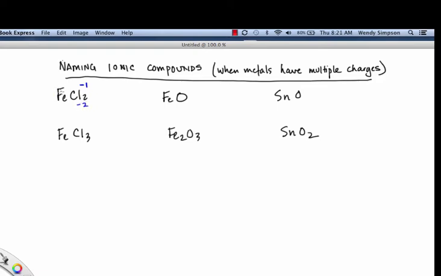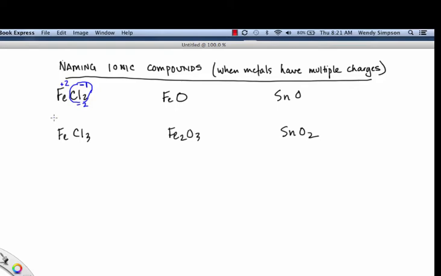That means that iron has to have a +2 charge in order to balance this -2 out. So the total charge here, if I circle this just to remind you, is -2 on the chloride anion. That means that the iron cation has to have a +2 charge.